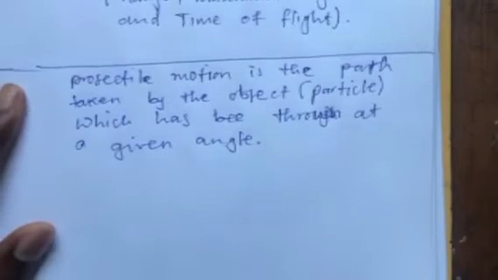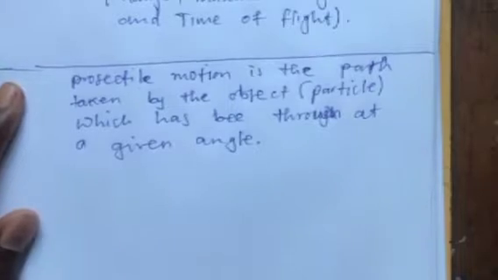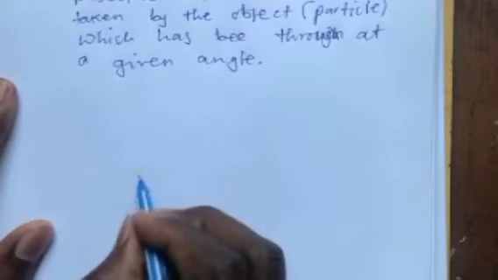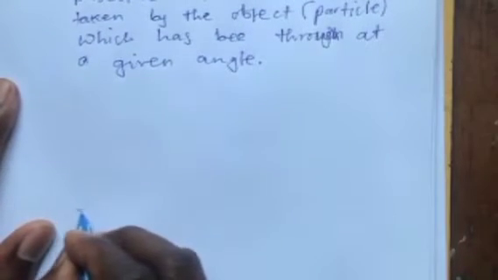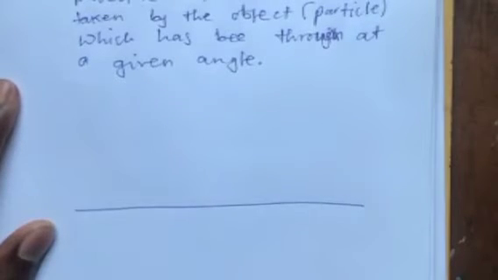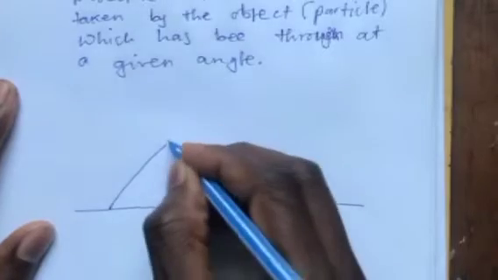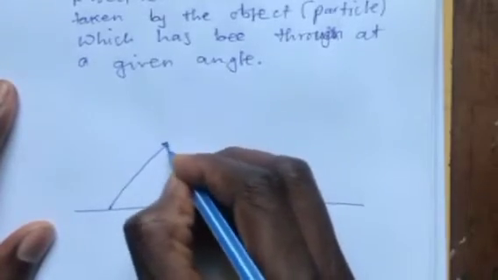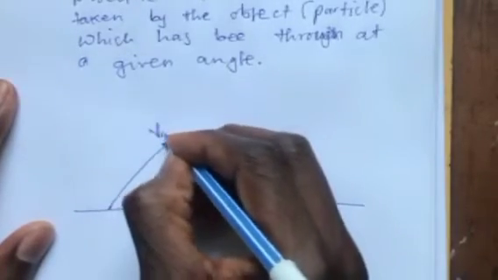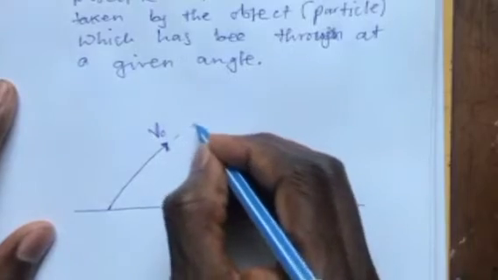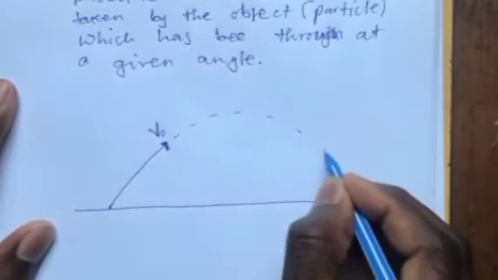By the way, if we say a projectile, this can be a land, a floor in short. If the object is at the ground, then you try to throw it at a given angle, it will take maybe this given path. If you throw this object with an initial velocity here, it might take this given path.